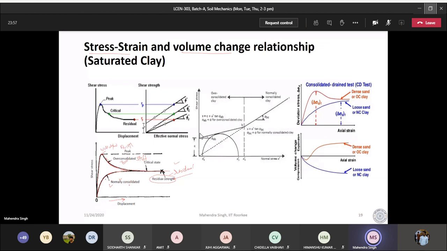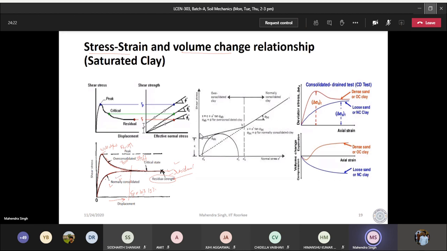You have to use some arbitrary value of strain taken from experience. Let us say around 10% or 15% of axial strain; corresponding to that point, I can assume that failure has occurred. Otherwise, if you keep on shearing it, it also joins the residual strength asymptotically.